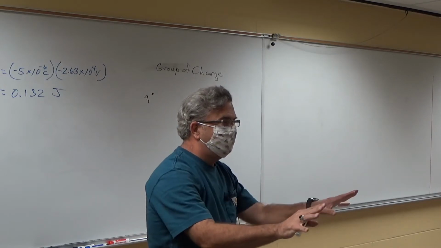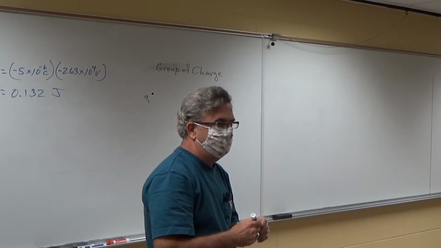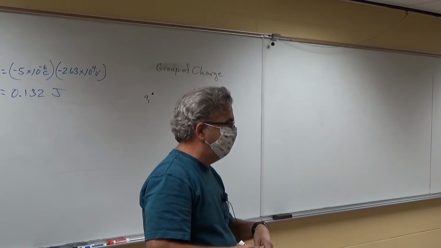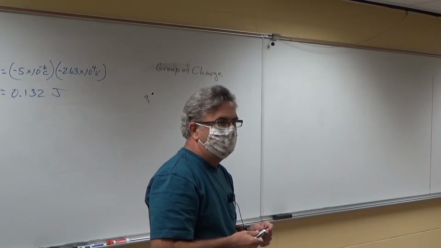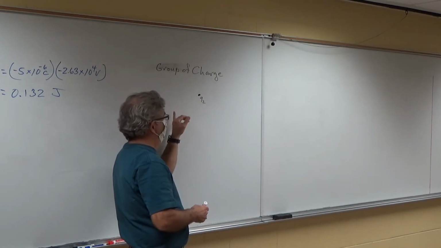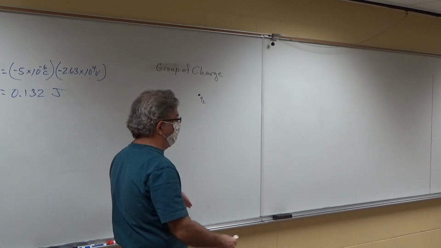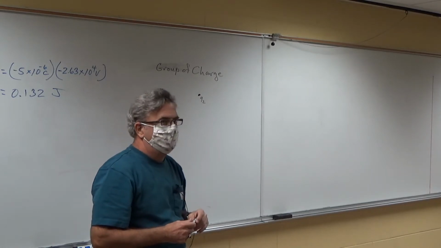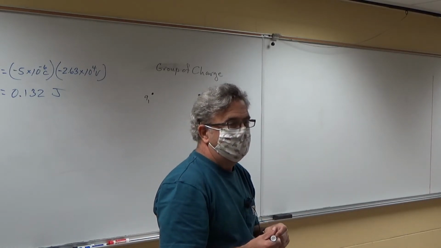There's no losses. It's a conservative system. No friction, nothing heating up and losing energy. So the work that I did to bring that charge in is stored in this collection of charges. There's only two of them, but okay.